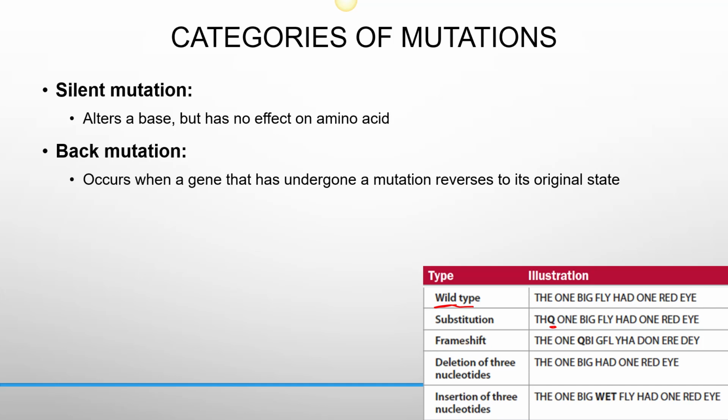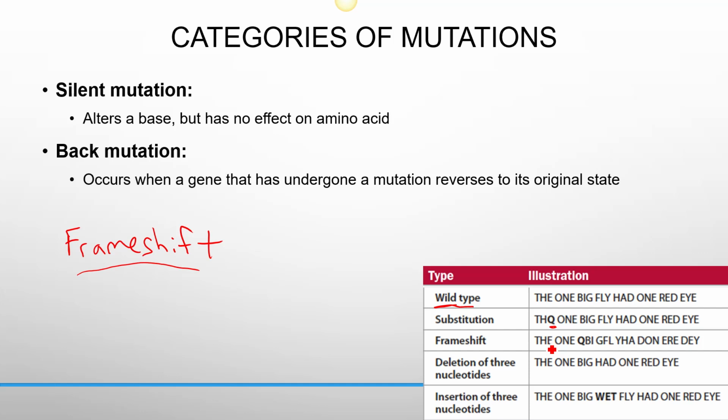Frameshift. A frameshift mutation can be one of the most dangerous types of mutations. If you add or delete bases that are not series of 3 bases, you have shifted the entire reading frame for the rest of the protein.